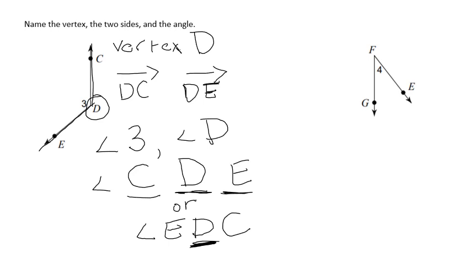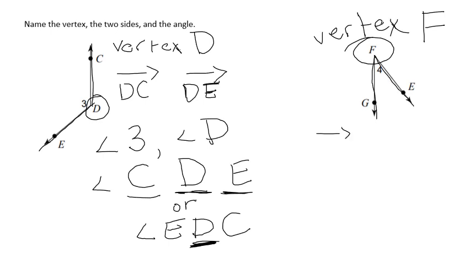Over here to the right, we have a vertex F. I'm going to write that here. F. We have ray FG and ray FE. Those are the sides. So I'm going to write those as rays with the endpoint going first.